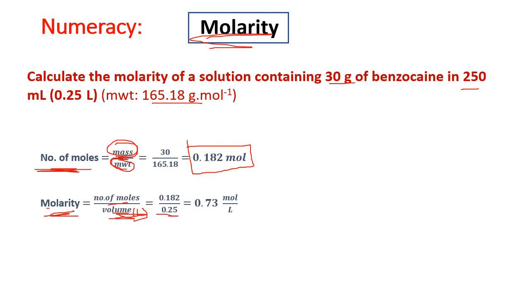So in order to get the molarity, I will take the number of moles calculated over the volume in liters, so I will write 0.73. You either write the unit mole per liter or you just write a big M for molar. Please, for the molarity question, you need to know three things by heart: the number of moles rule, mass over the molar mass; the molarity, number of moles over volume in liters; and please take care of the units.